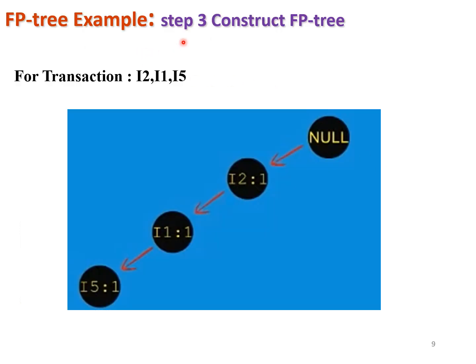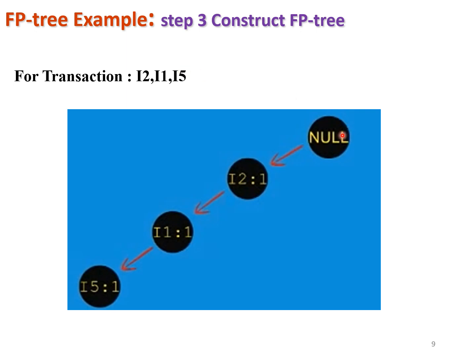Now we start generating the FP tree by drawing the tree using each transaction at a time. So this is the first transaction, and we start with a null root. We represent this transaction in the form of a path.